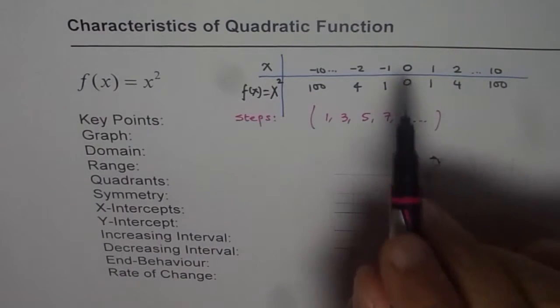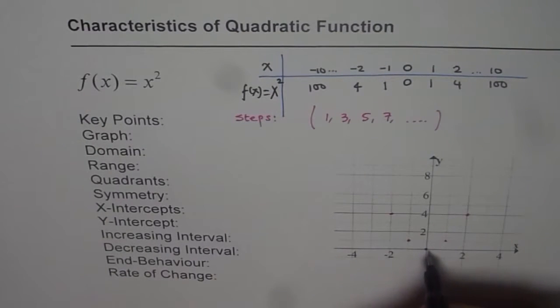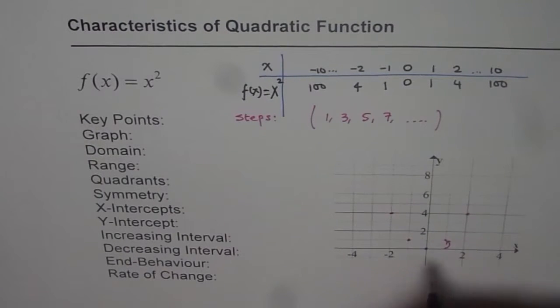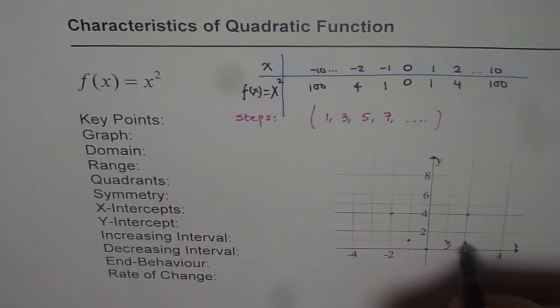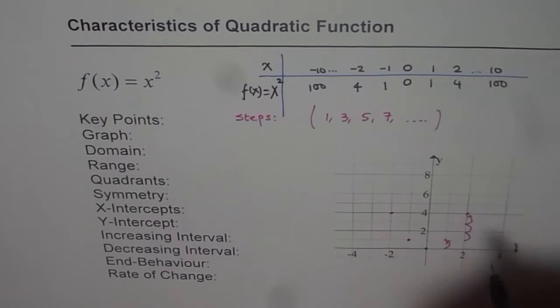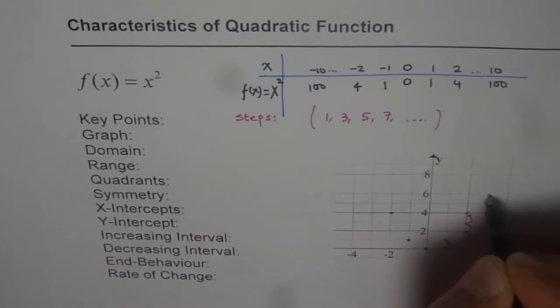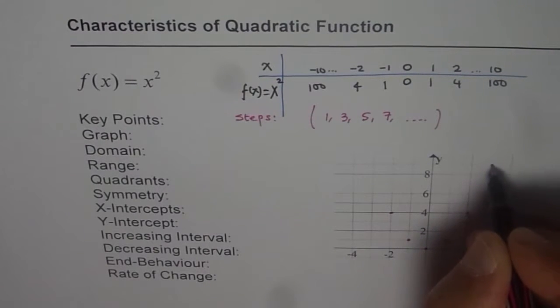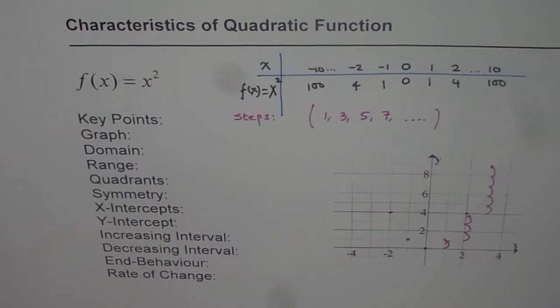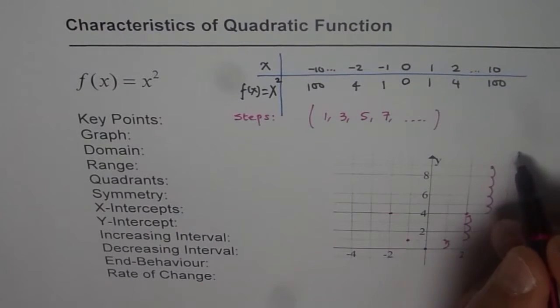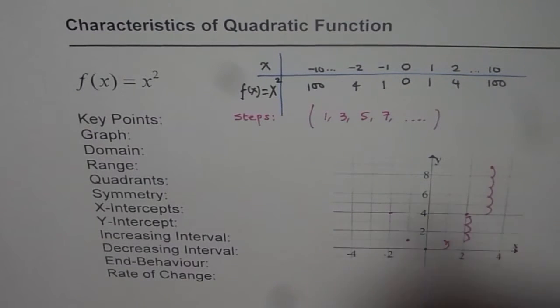In this case the vertex is at 0, 0. If you move 1 unit to the right, you have a step of 1. If you move the next unit to the right, we have a step of 3. Now if I move 1 more unit, the step should be 5, so that is 1, 2, 3, 4 and 5. That is my next point. That is how you can get more and more points and then plot your graph.